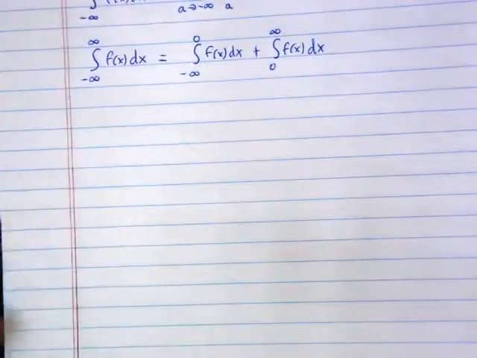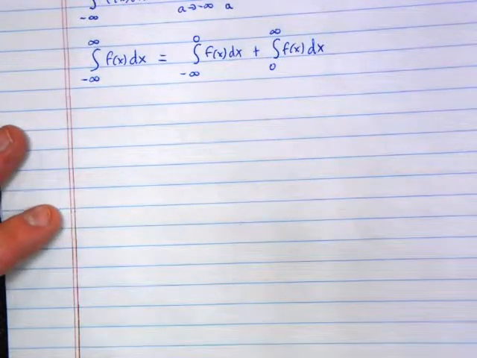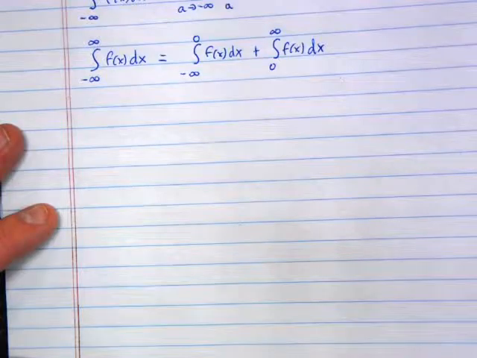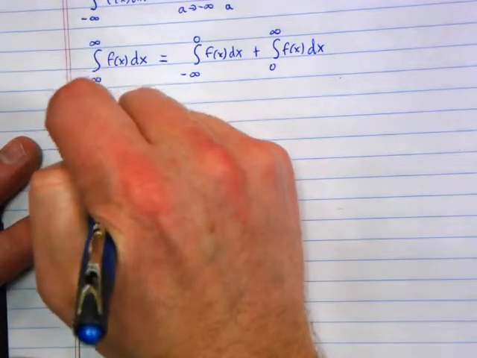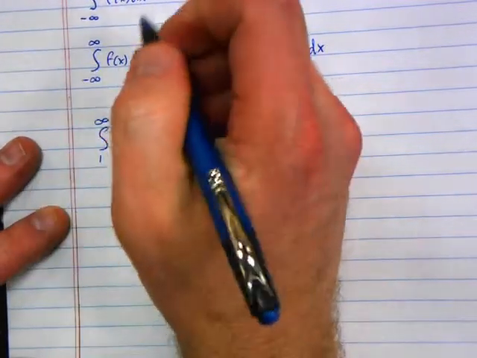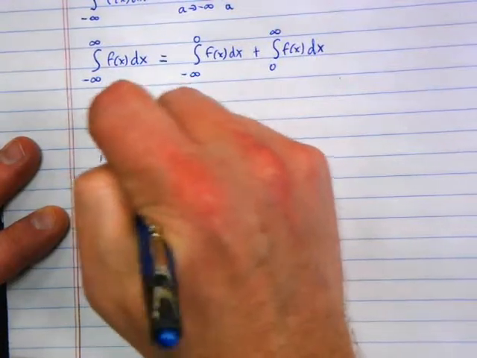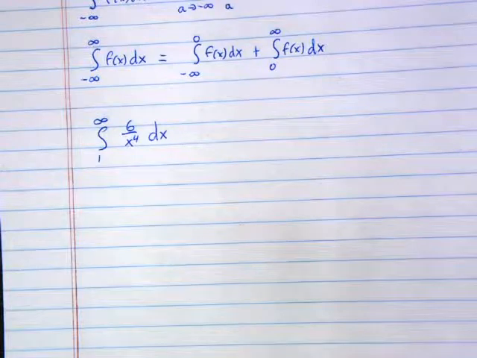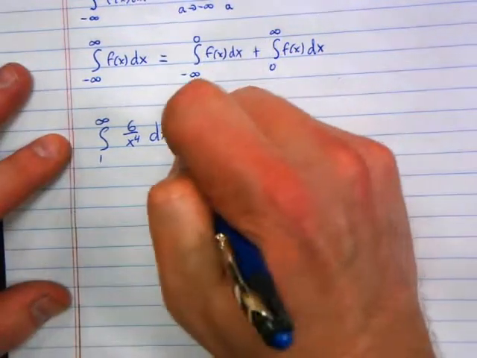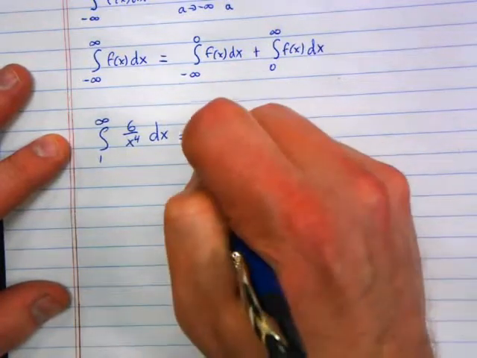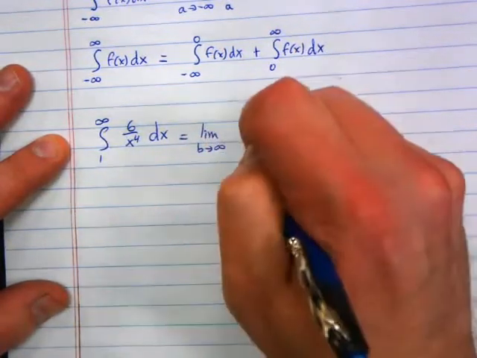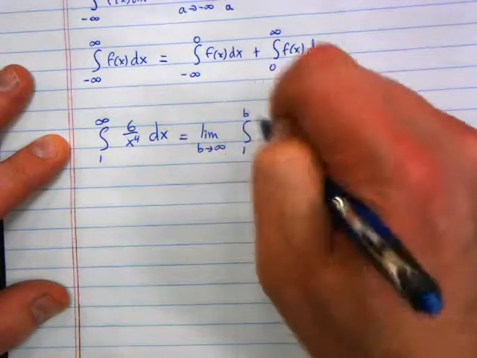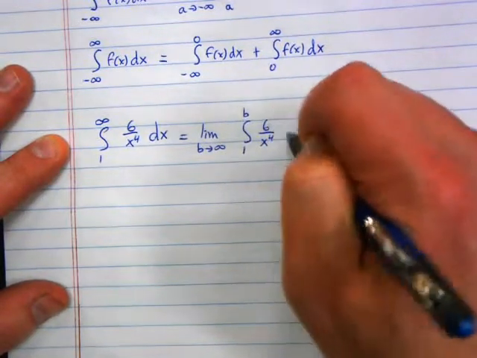Okay, so let's take a look at a couple of these. How about the integral from 1 to infinity of 6 over x to the 4th dx? Well, you're going to write this as the limit as b goes to infinity of the integral from 1 to b of 6 over x to the 4th dx.